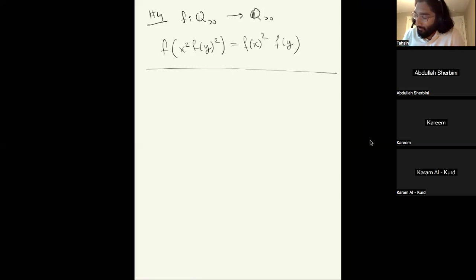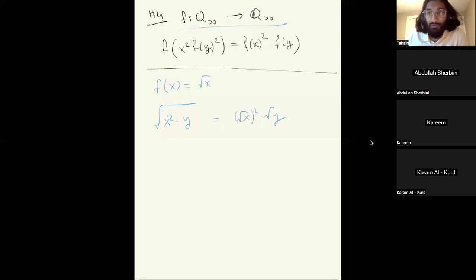Yeah, if f of x equals square root of x, then I get x squared times square root of y squared is y, and then the square root of that equals square root of x squared times square root of y. So it works, but the only problem is it's from rationals to rationals, so you can't actually use the square root. That's something a little bizarre about this problem.